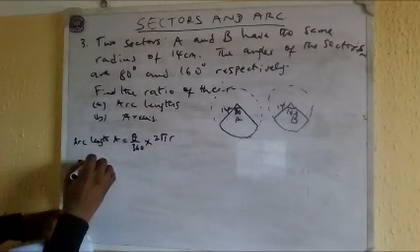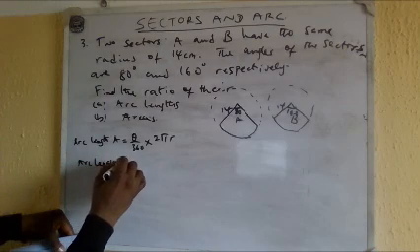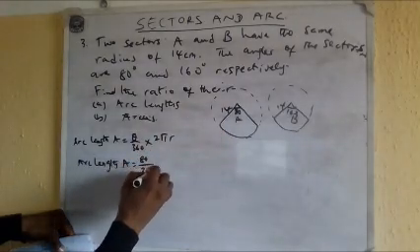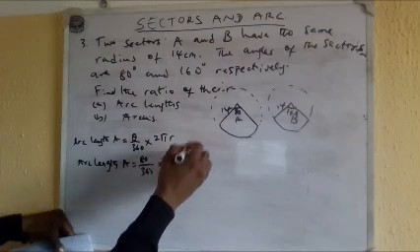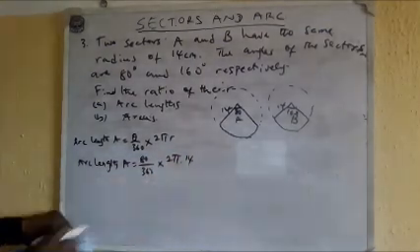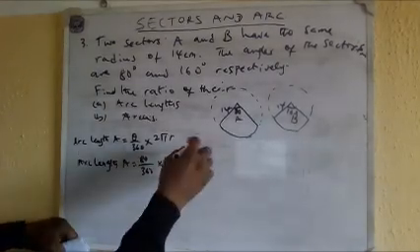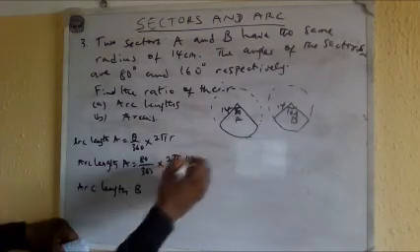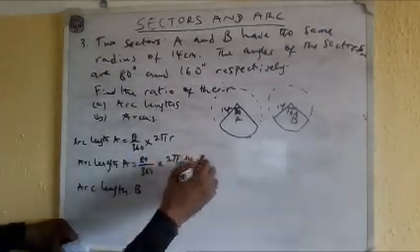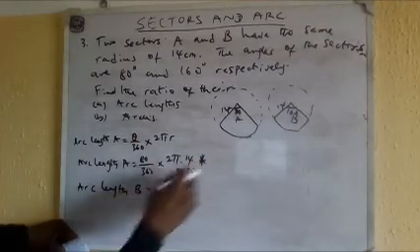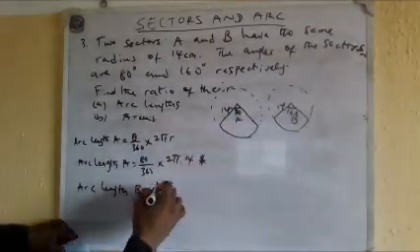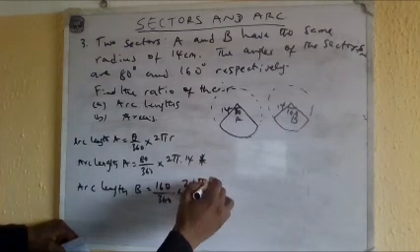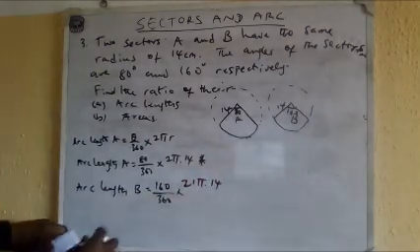So arc length A equals 80 over 360 times 2 pi times 14. Now arc length B: theta is 160 over 360 times 2 pi r, and r there is 14 again. You understand? So this is arc length B.